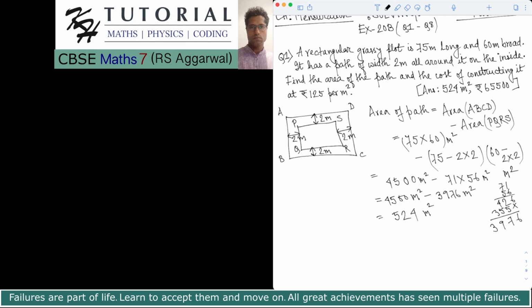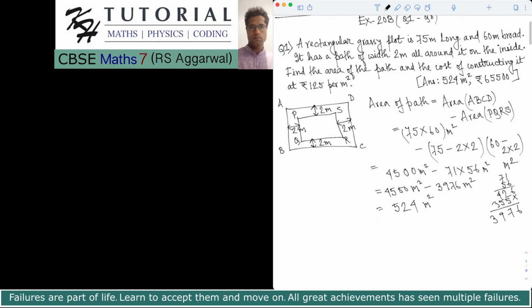Now we have to find the cost of constructing it at rupees 125 per meter square. So we know that the cost of 1 meter square of path, that is making the path, is equal to rupees 125.